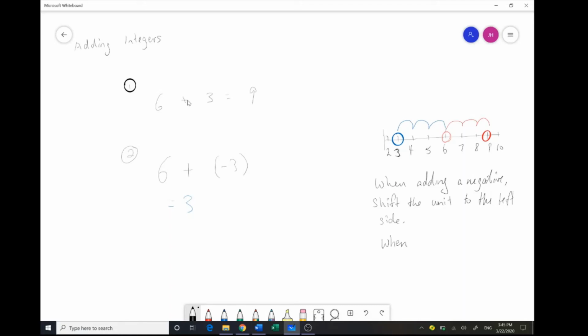And the second note is that when you add positive numbers, just like number 1 on the board, you have to shift the unit. In that case, number 1, I shift 3 units to the right side.